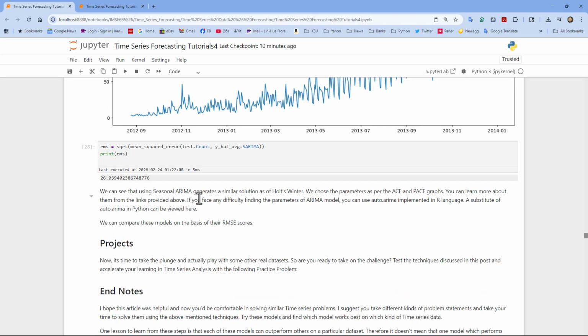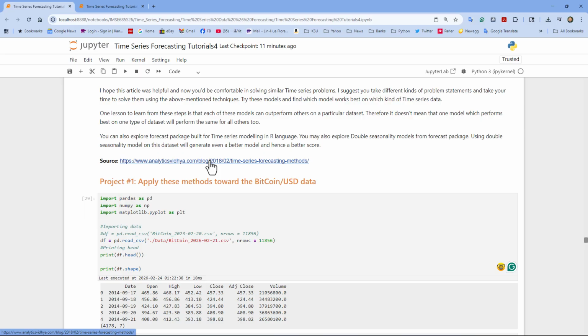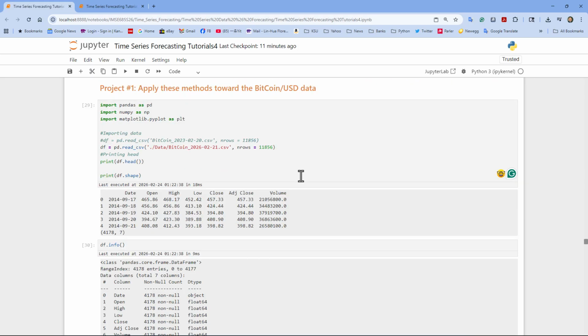So now we move on to the new data set we're going to use today. We're going to apply these two methods, which we know so far are the best, to the Bitcoin to USD prices. Here I have downloaded the Bitcoin data, I think from 2014. I cut it off at 2014, September 17, all the way to 2026, February 21st.